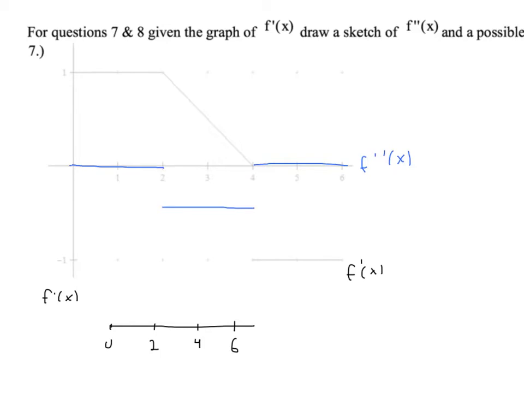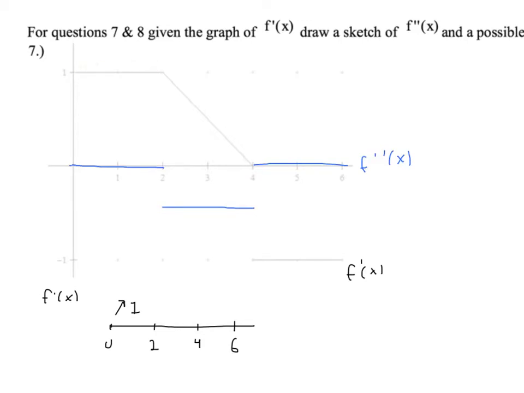So my function is going to be positive in that interval. It's going to be going up, and I can tell that it's constantly 1 because this is a horizontal line. So it's going up with a slope of 1.